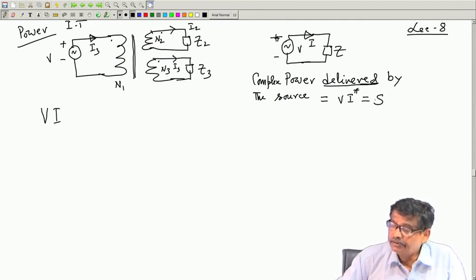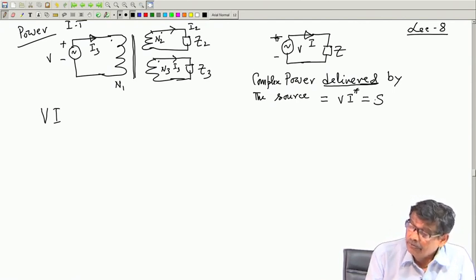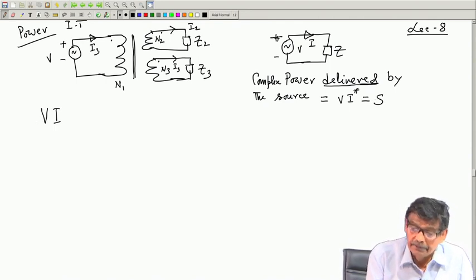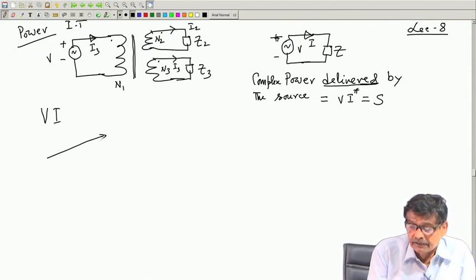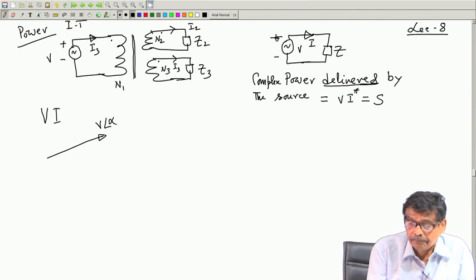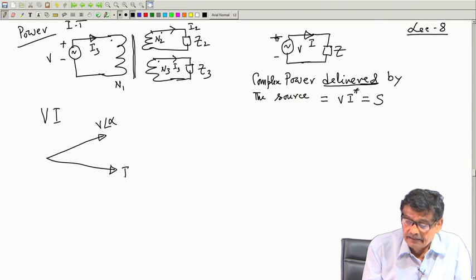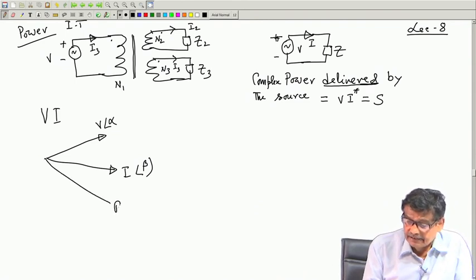The real part of it will give you real power, the imaginary part will give you reactive power. But don't just multiply V I and take the real part. It is simply because in general the voltage phasor could be V angle alpha and the current phasor could be I angle beta, with respect to a reference phasor.